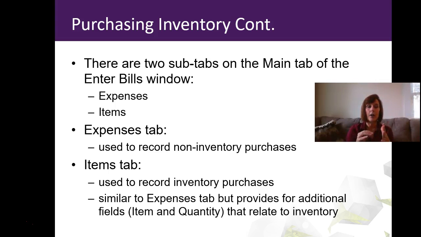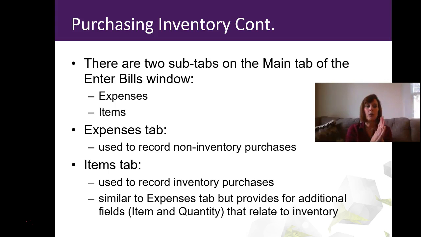There are two things that we need to be aware of when we're recording these. The non-inventory items are going to go in as an expense, and the inventoried items are going to go in as items. I'll show you this in a second.